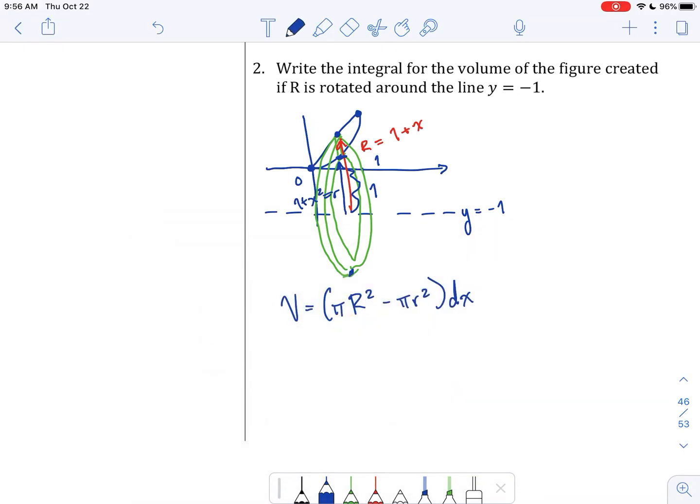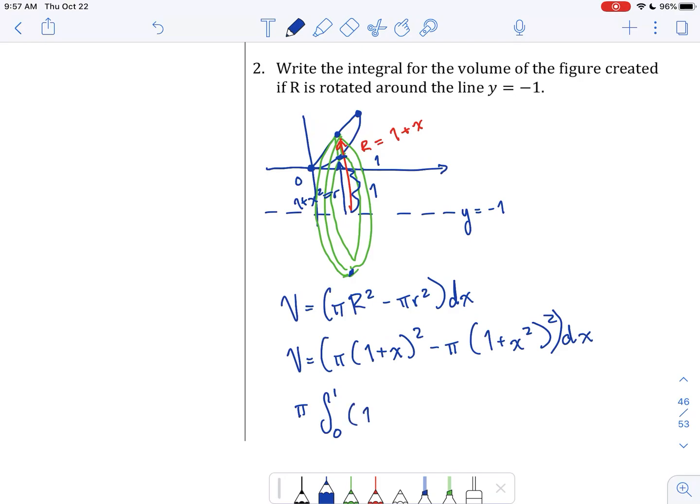So when we plug that into our formula, we end up with pi, and make sure you're using your parentheses here, (1 plus x) squared minus pi times (1 plus x squared) squared, and then again times dx. So our final integral, and again, you can simplify it further if you want, I'm going to just factor out the pi: (1 plus x) all squared minus (1 plus x squared) squared dx.